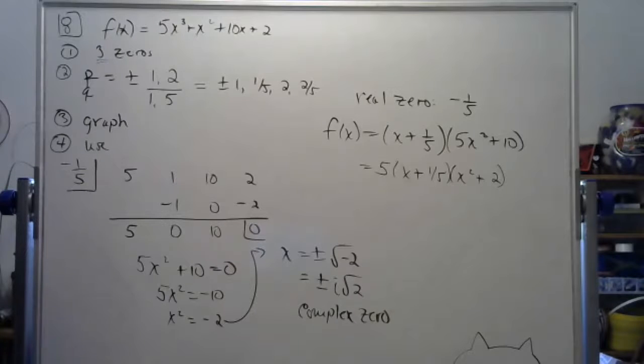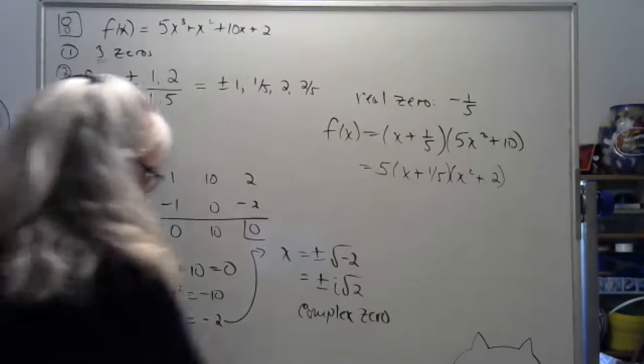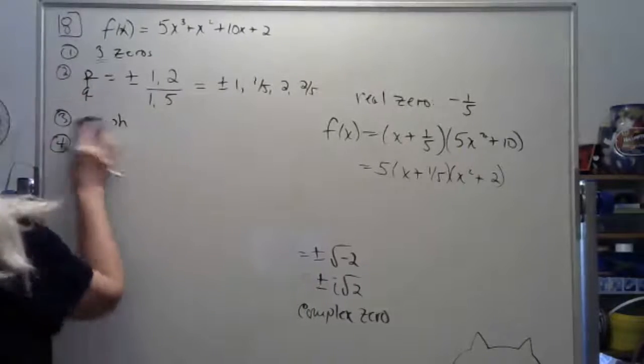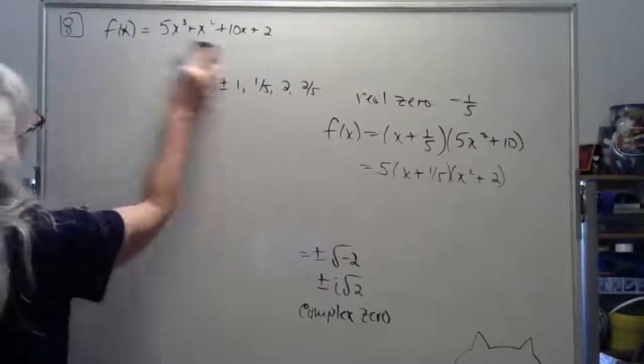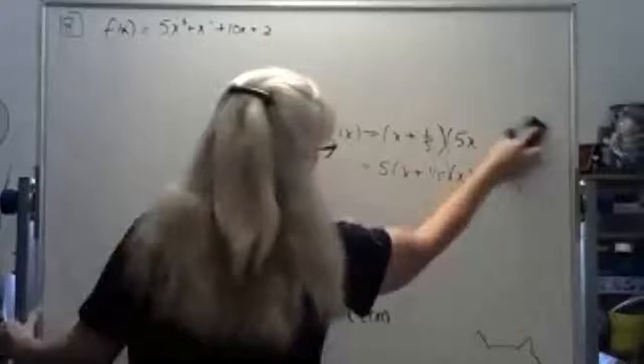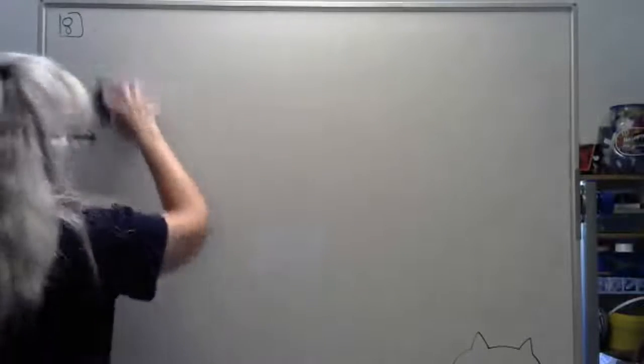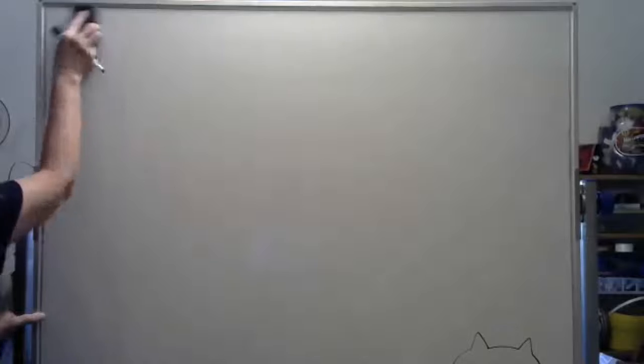Okay, one more, and it's only because we haven't done a 4th degree one that we need to do a 4th degree power. So just so you have one in your notes. You could go up to any degree power. They just get uglier and uglier or more complicated. We won't do anything above a 4th degree.